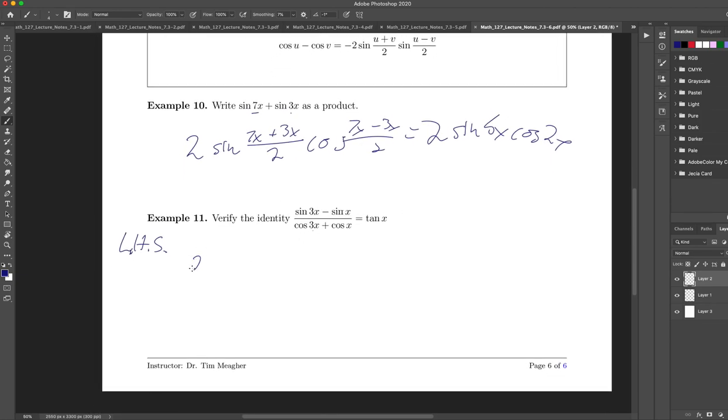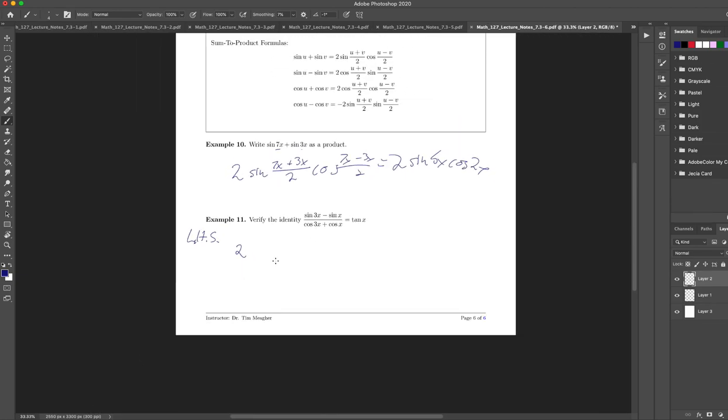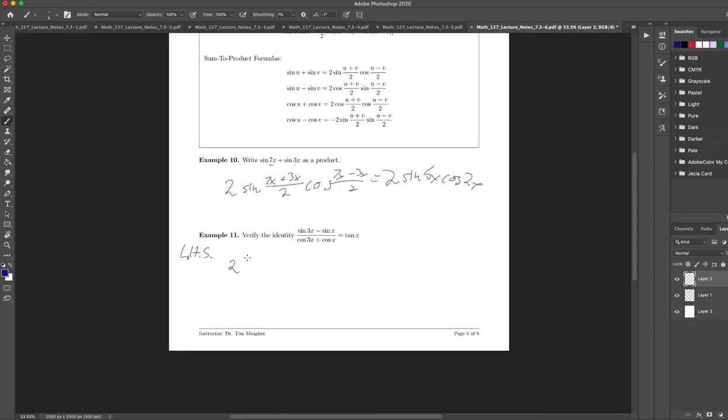So here I get 2. I'm going to zoom out so you can see it, even though my handwriting will get worse. So it'll be 2 cosine of u plus v, so it'll be 3x plus x all over 2, sine of 3x minus x all over 2, divided by 2.